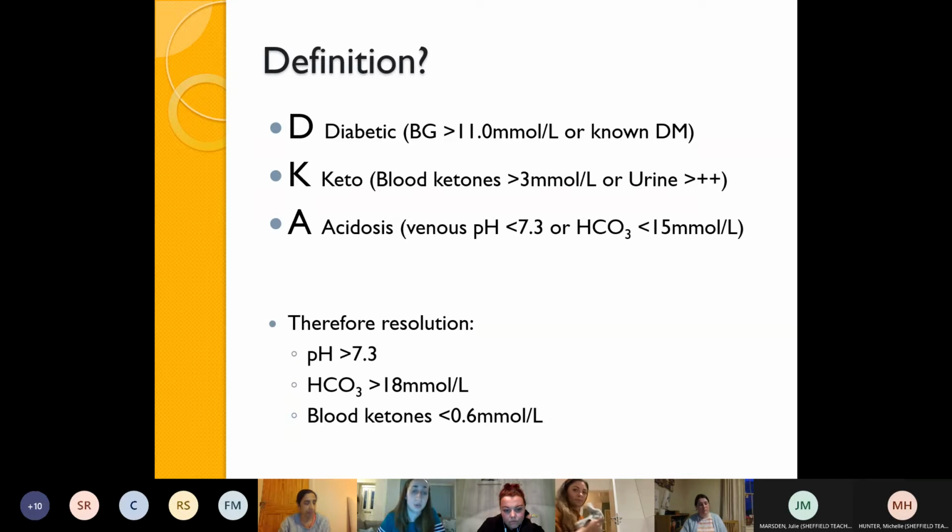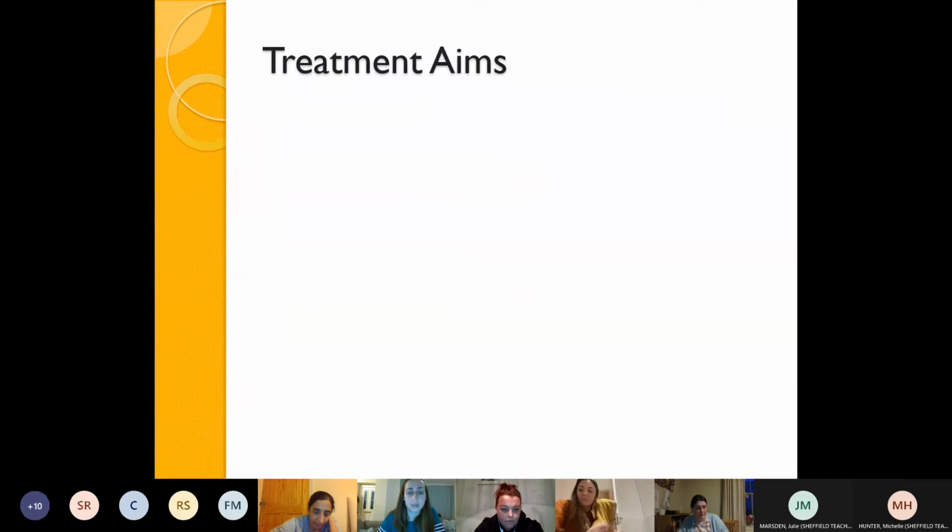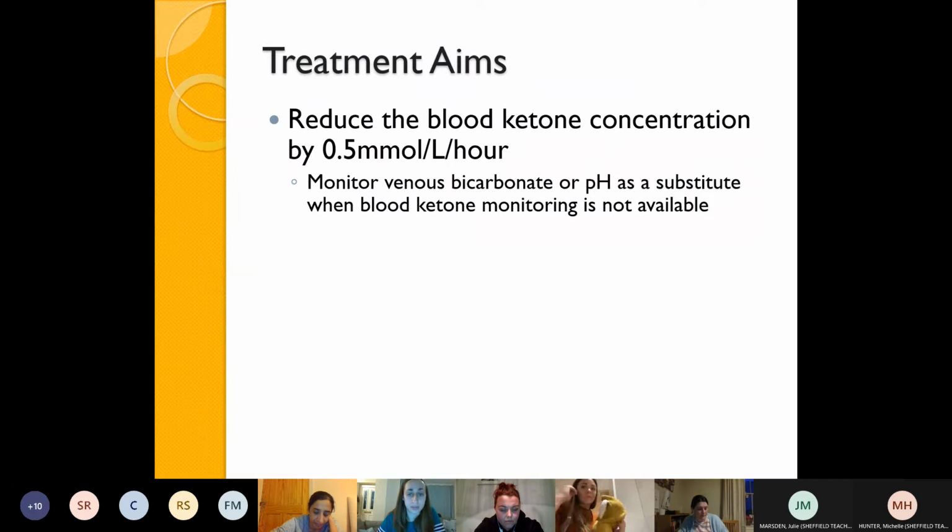If the ketones are still 1 point or 2 point something, then we need to carry on. Importantly, again, it doesn't matter what the blood glucose is at this point, because as I said, you could have DKA with a normal blood glucose. So we're not too fussed what the blood glucose is in order to diagnose resolution of DKA. The aims of treatment are to reduce the blood ketones by 0.5 millimoles per litre per hour.